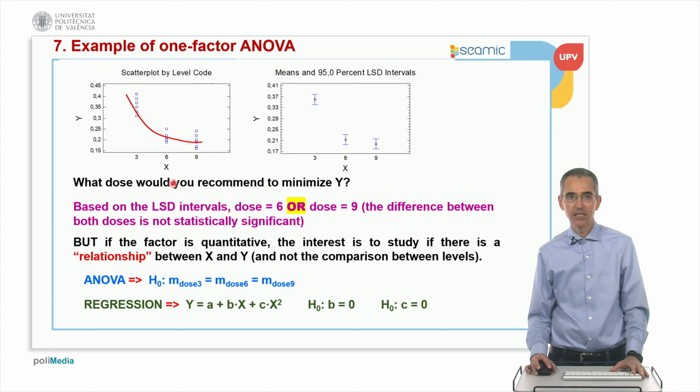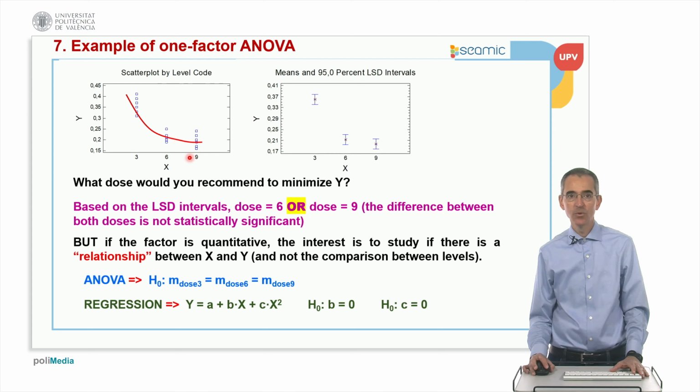In this case, we will fit a model like this, and if we can demonstrate that this null hypothesis is rejected and also that this hypothesis is rejected, we will have the mathematical equation of this curve, and based on this equation we can determine the optimum dose.